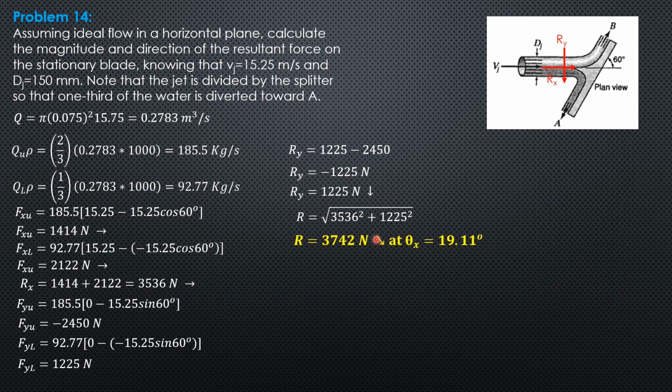Down to the right with an angle with the horizontal, theta x, of 19.11 degrees, where 19.11 is arctan of 1225 over 3536, since tangent theta x is y component over x component. So that's the angle that the resultant force makes with the horizontal. So that's it for this problem.